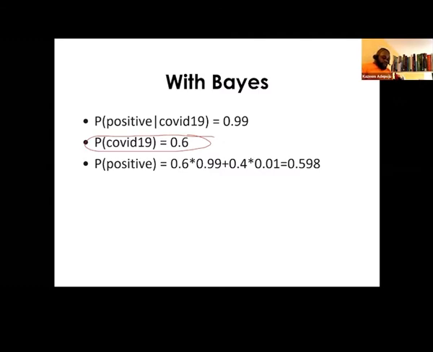Now the probability of the positive is going to be the total probability. In Bayes' theorem, we normally have the denominator, right? The denominator is going to be the probability of being positive. And don't forget, the probability of being positive can occur in two ways.